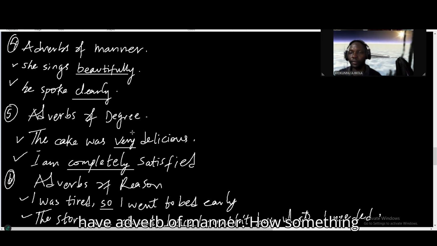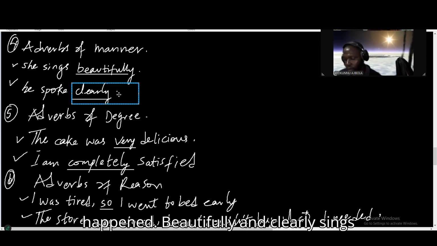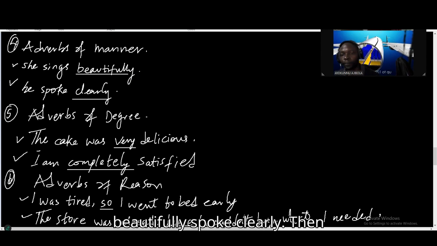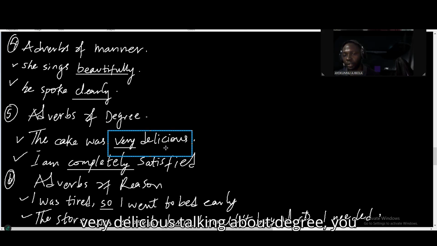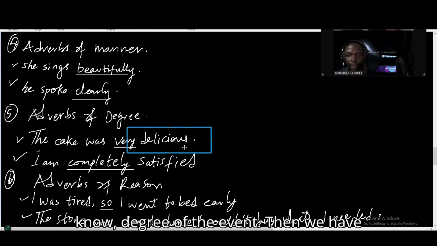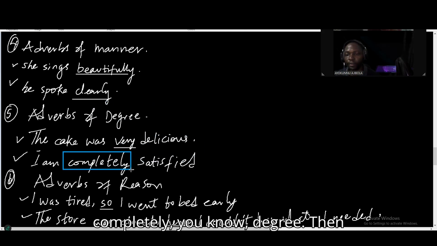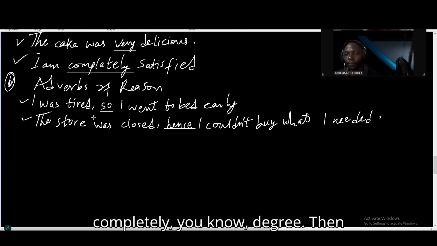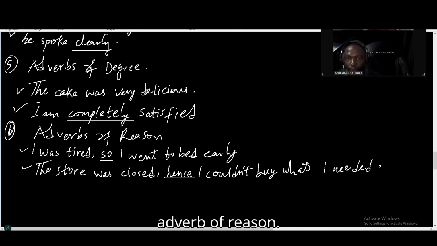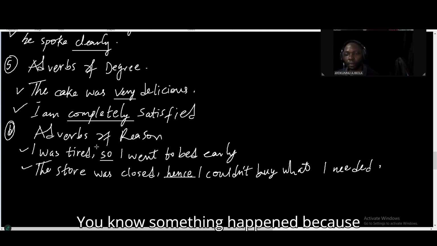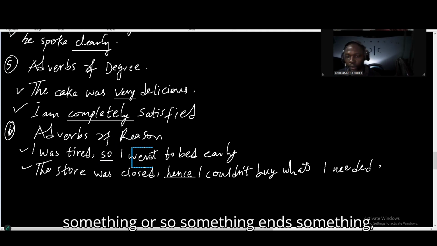Then we have adverb of manner, how something happened: sings beautifully, spoke clearly. Then very delicious, talking about degree of the event. Then we have completely, degree. Then adverb of reason, something happened because of something, or so.